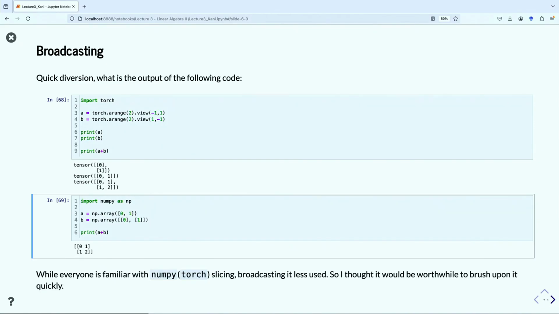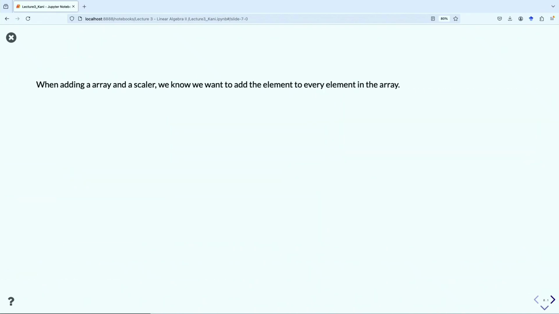While everyone's familiar with NumPy and torch slicing, broadcasting is less used, but it does come up in machine learning, especially since we deal with large matrices, adding and multiplying them. It's useful to go over because you'll see in a moment why.